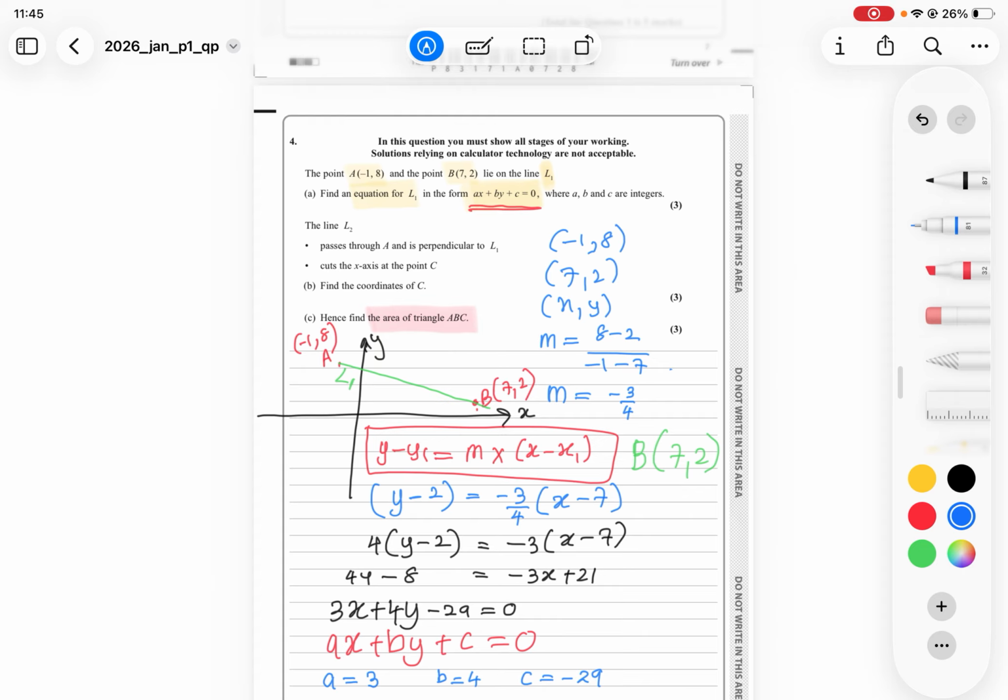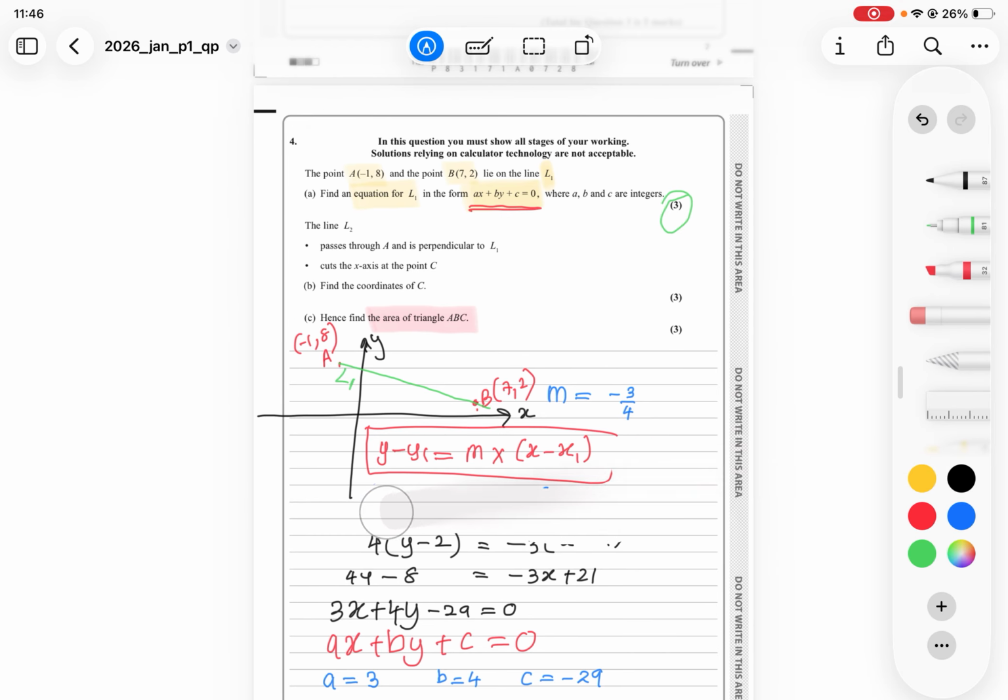So this is how we can get this equation in this format. Now let me check this. They're asking for the equation, so the 3 marks are okay. Now let me erase the information that we don't need as of now. We might need the gradient, so I'll keep it for now.